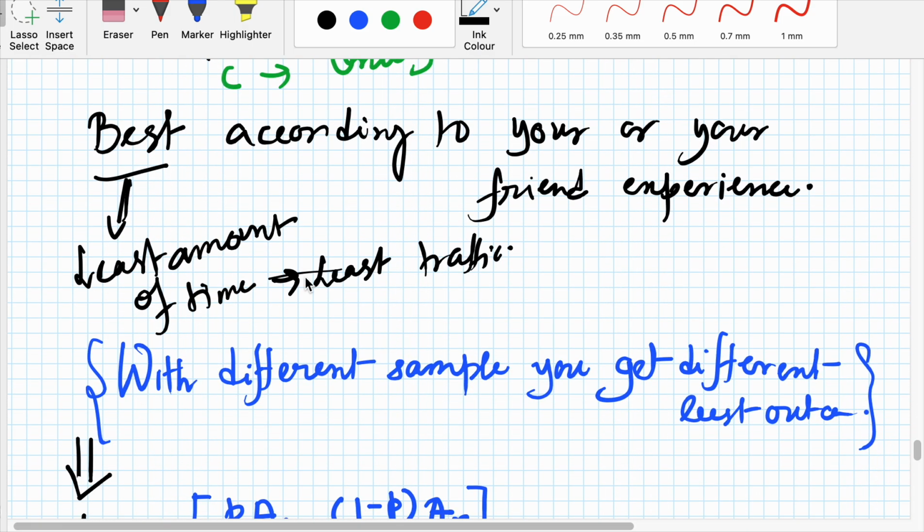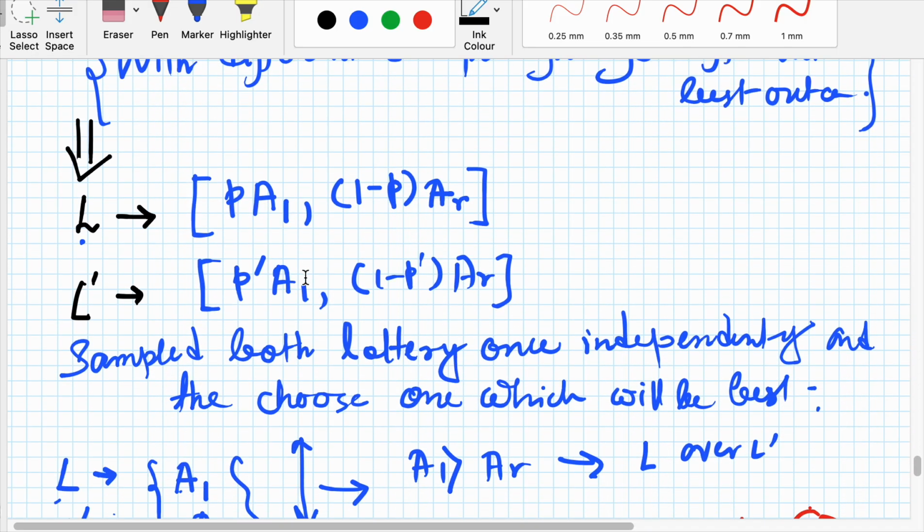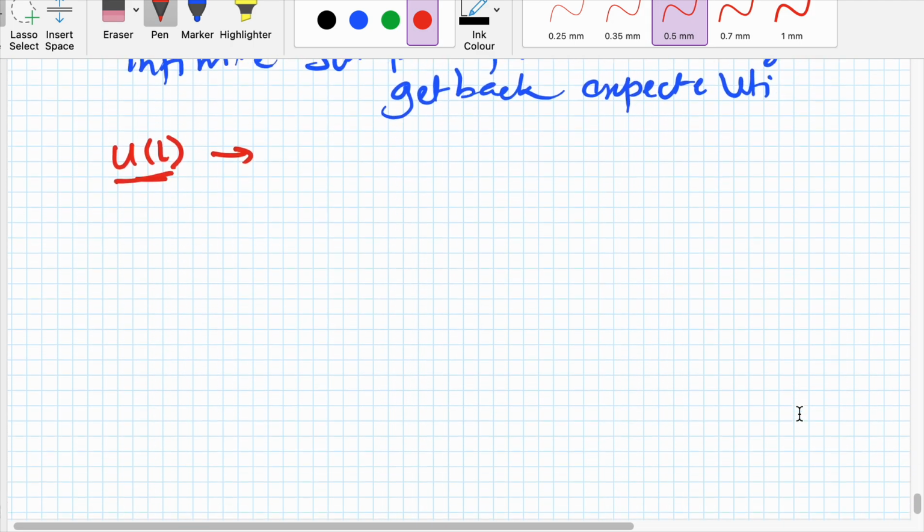If she asks a different friend, her choice may differ, depending on her sample. Since a lottery is probabilistic, so is her realization, so if she uses very few samples to judge a lottery, obviously her sample will lead toward a stochastic choice. That we have learned in the previous class.